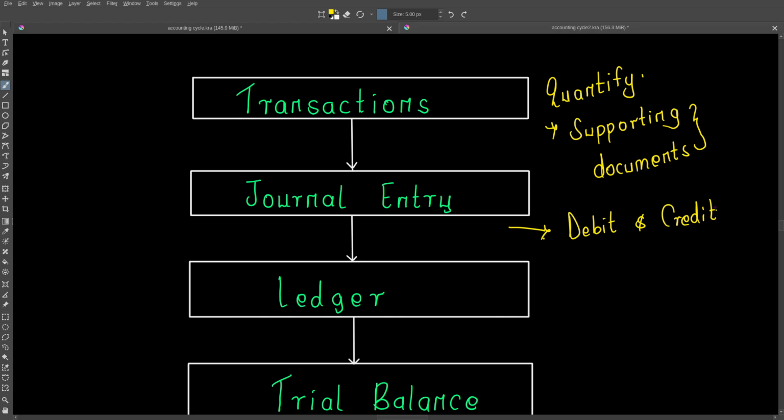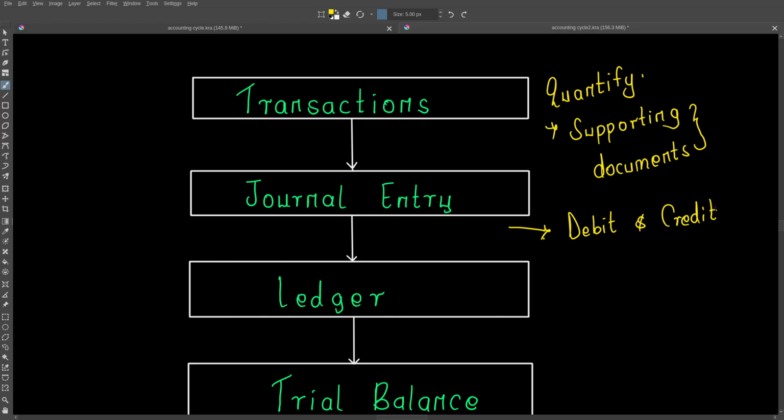So there is always going to be a debit and a credit on the other end. There is an inflow and an outflow somewhere else. So we usually record this transaction using the debit and credit tool. We are going to look at this further in module 2, that is the double entry accounting system.